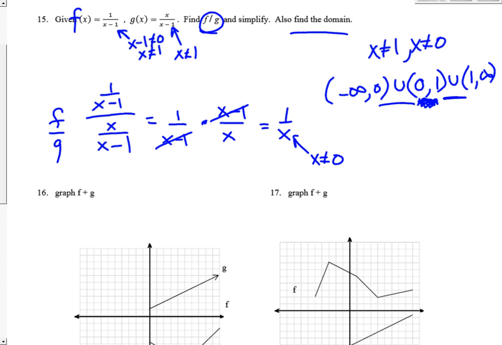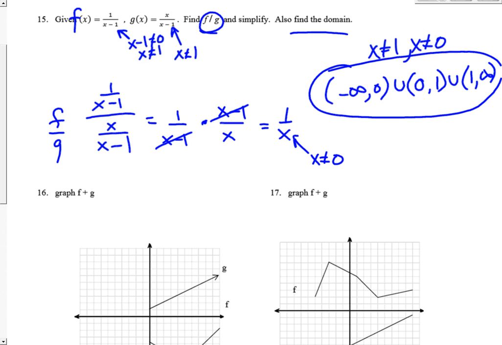But then we skip over the value of 1, and then we continue on to positive infinity. So this is the domain, and this was our answer simplified.